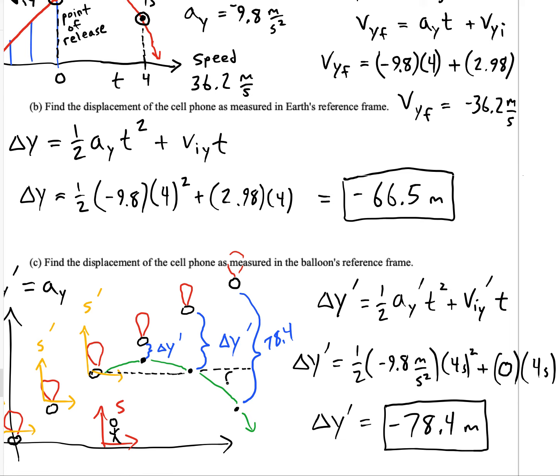See, the person who's observing from ground thinks that that was the delta y. But the person who is in the balloon thinks that the delta y is much more. So whereas this would be 66.5 meters from the initial launch point to where it ended up, the person in the balloon would think it was farther away from himself.